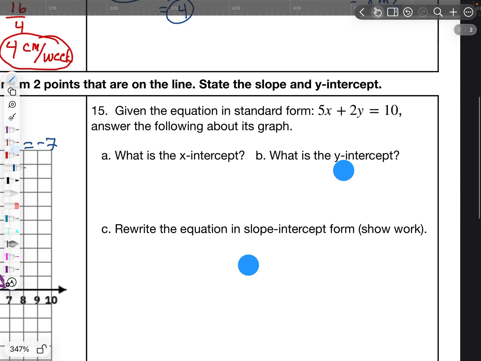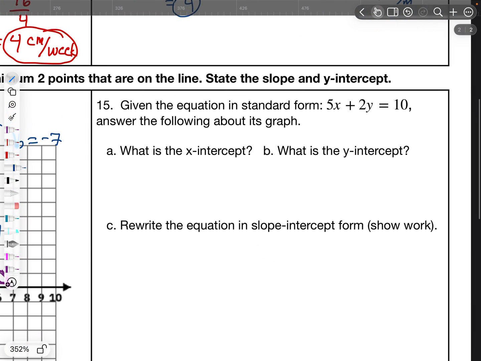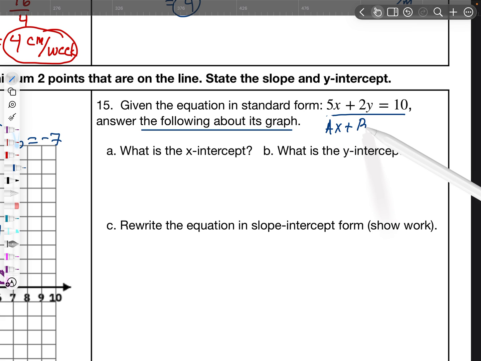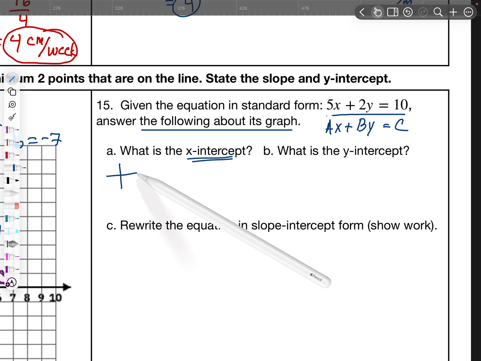All right. 15, given the equation in standard form, answer the following about the graph. So this is that standard form, ax plus by equals c. Find the x-intercept. So to find the x-intercept, just think about the x-axis. Here would be an x-intercept, a point that crosses the x-axis. It would have some x number, but its y value you would know is 0.